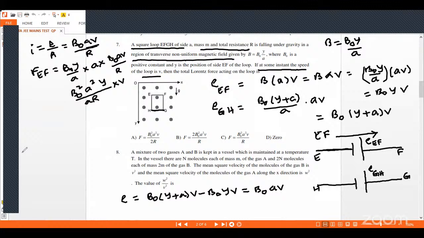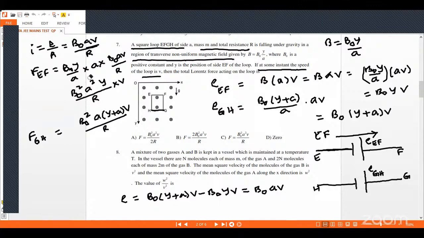Similarly, force along GH. We can write as B naught square A into Y plus A into V by R. A will get cancelled. Here also A will get cancelled.